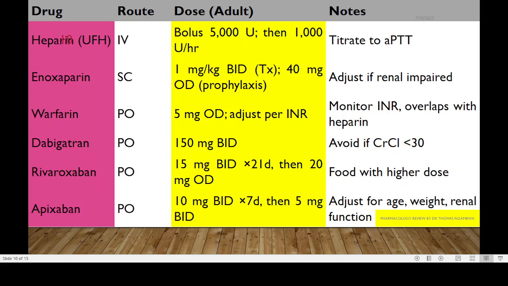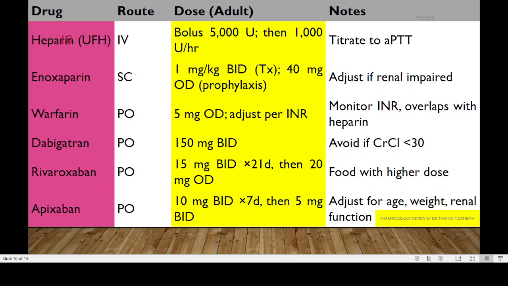For the oral drugs, we now have warfarin, which you give 5 mg OD and adjust per the INR. Remember, you have to overlap it with heparin, and also monitor the INR to be between 2 to 3, which is the target. We also have dabigatran, which you give to the patient at 150 milligrams BD.